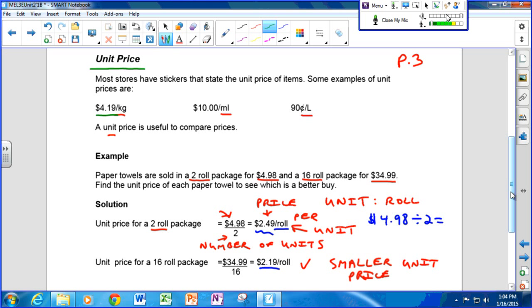Sometimes, if you're a real savvy shopper, and this has happened to me, I went in needing a kilogram of baking soda, and I saw the kilogram box, and then I saw a special on 250 gram boxes.